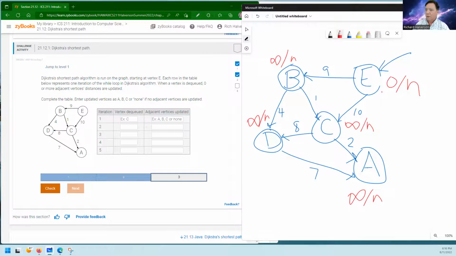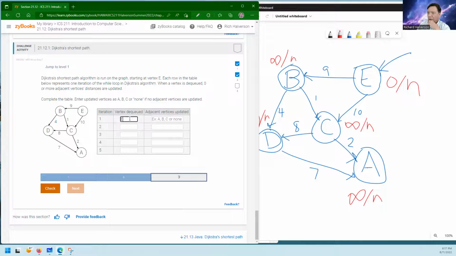Okay, so now the first one that's dequeued is going to be the smallest one, and it's going to be E because E is 0. So this one's going to be E. That's dequeued, and then which vertices are updated because we're processing E?